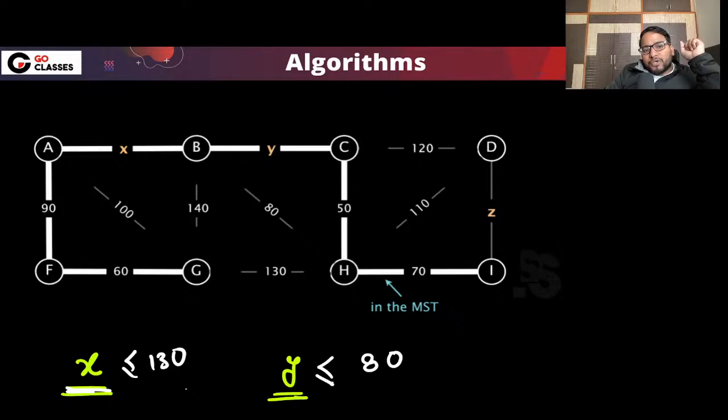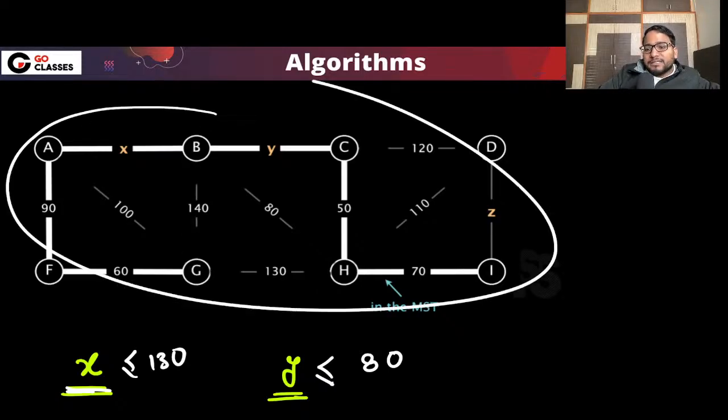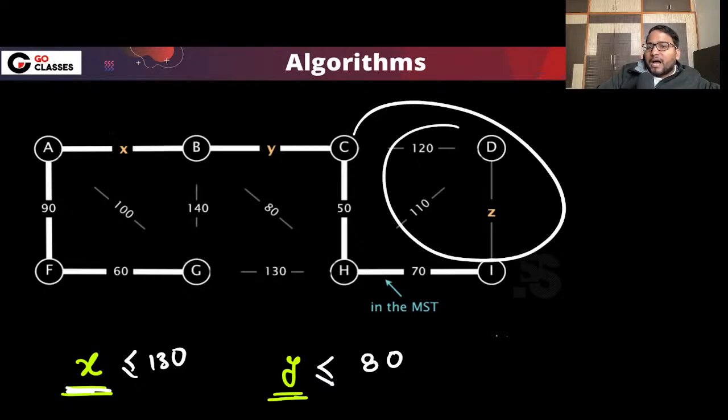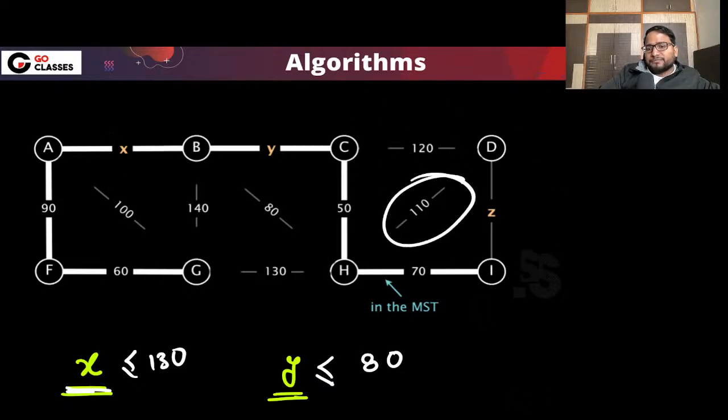Now one thing is for sure, since it is an intermediate step, it is Kruskal's algorithm, and since I have chosen x, and I have not chosen, for example, this 80, or at least none of this is forming a cycle. I have not chosen this 110 at least.